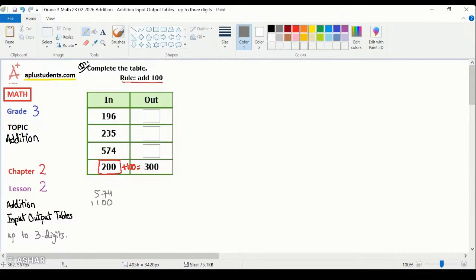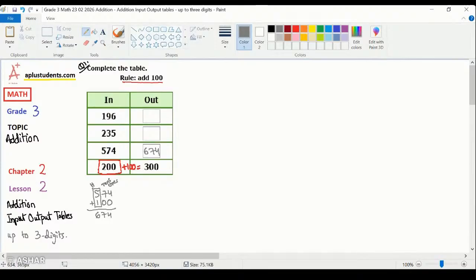So whenever we are adding 100, we know this is ones, these were tens, and these were the hundreds, right? So when we are adding 100, we simply increase the hundreds by 1. So this becomes 674.